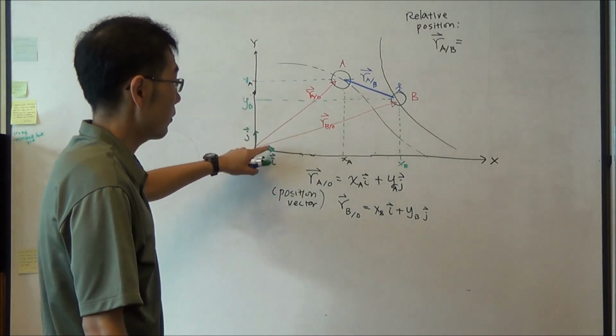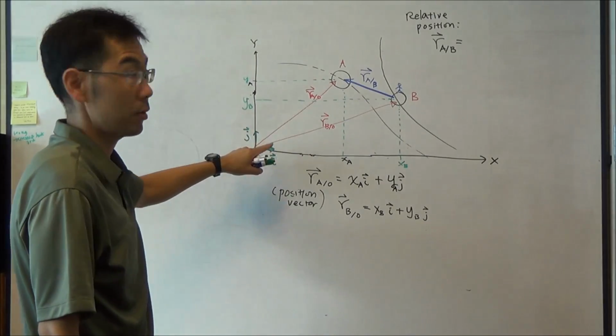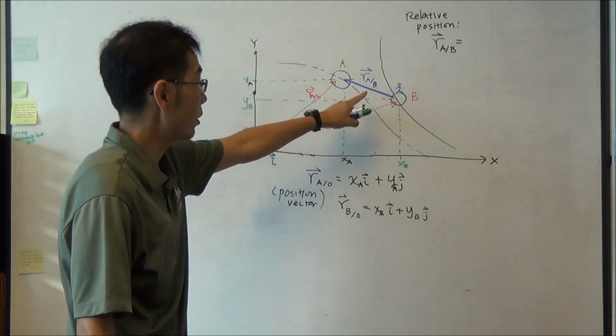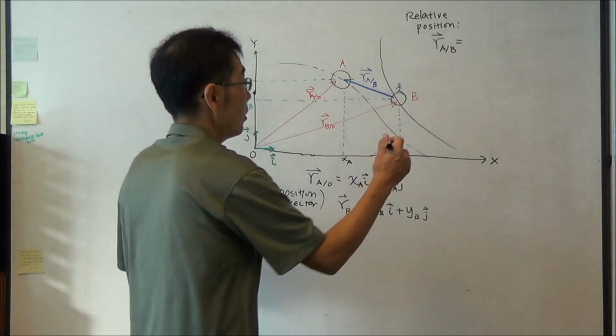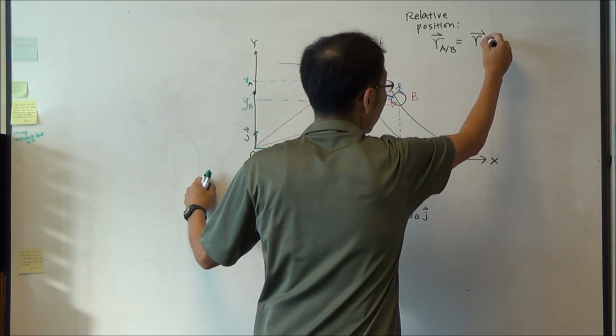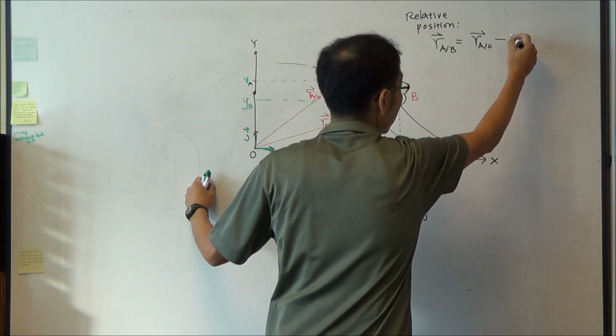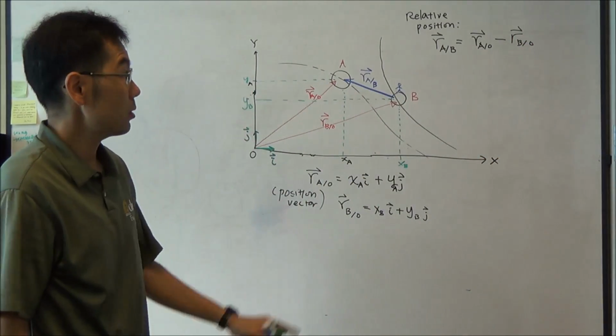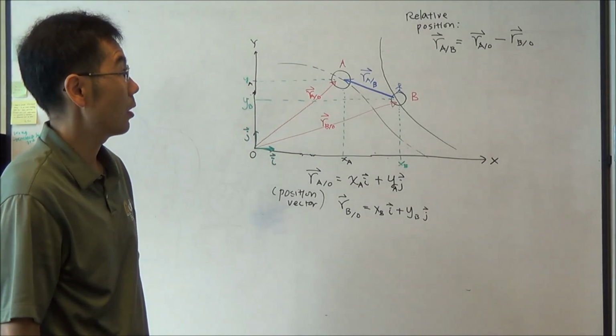This is a vector summation. If you look at this triangle that consists of three vectors, R of A over B is equal to R of A over O minus R of B over O. Just a simple vector equation.